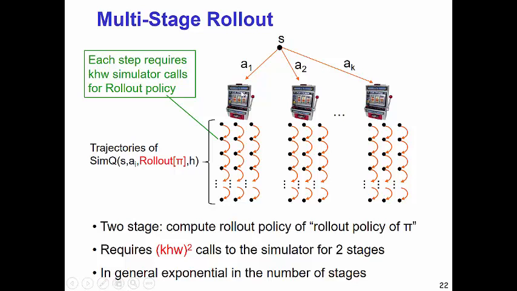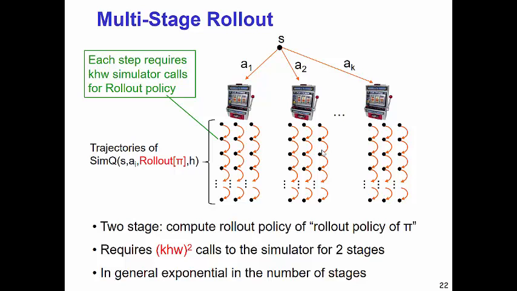Essentially, this is our bandit problem, but each one of these dots has to figure out what the policy rollout action would be for this particular state. So you have to do all the work in that simulation tree for every one of these dots. And so basically, if you want to simulate multiple stages, you are going to have to pay an exponential price for each stage that you want to go to.